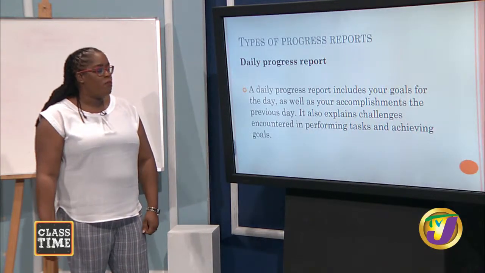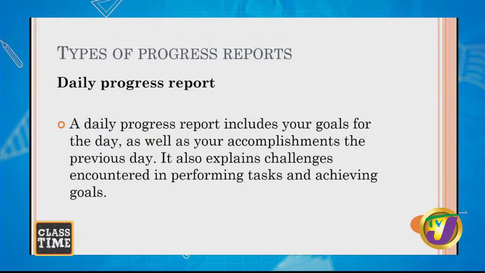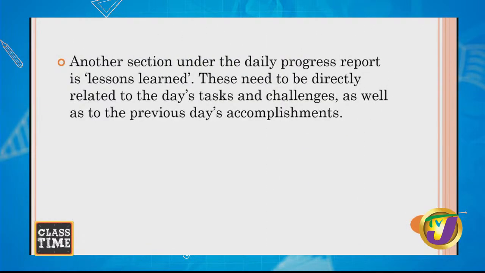All right. Types of progress reports. Daily progress reports. A daily progress report includes your goals for the day as well as your accomplishments the previous day. It also explains challenges encountered in performing tasks and achieving goals. Another section under the daily progress report is lessons learned.